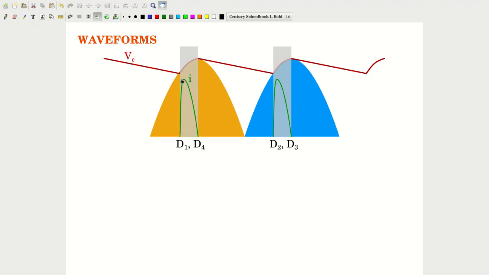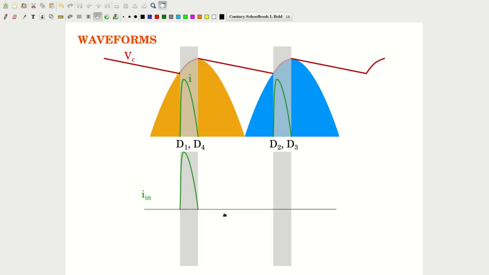So basically this would form the diode currents, and if you draw the waveform for I in, the input current, this is the wave shape during the positive half cycle, and during the negative half cycle this would be in reverse like this. Now this is the wave shape for the input current.